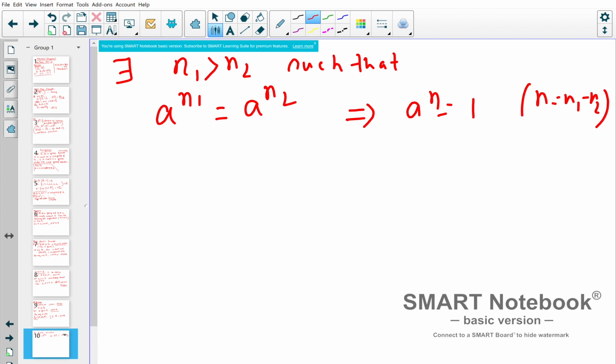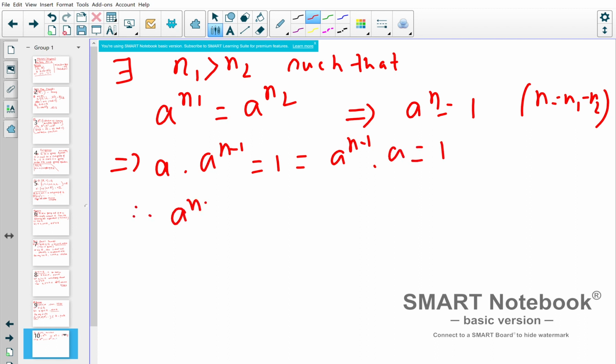Okay, and this implies that a into a power n minus 1 is identity. Again, you can write a power n minus 1 into a, which is identity. So thus a power n minus 1 is nothing but A inverse. So the inverse exists for every such element, and that is the proof.